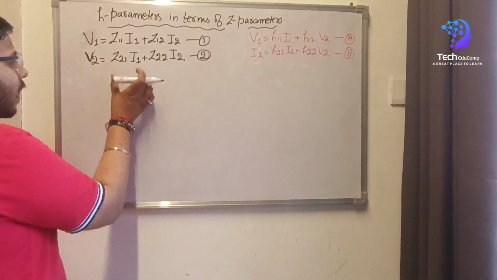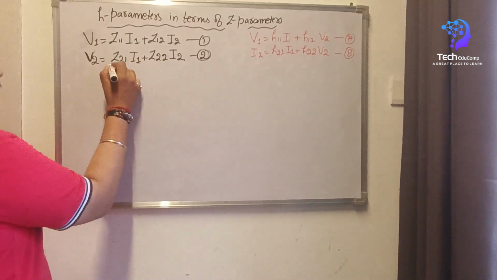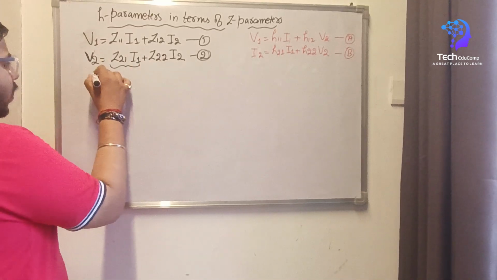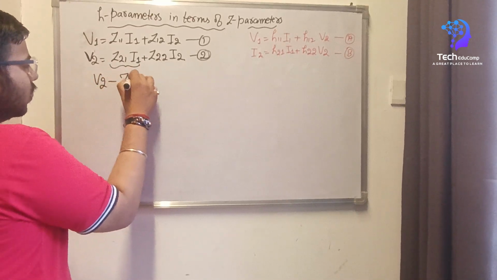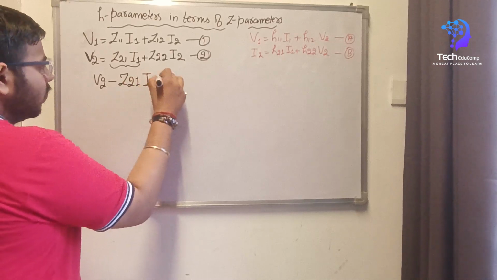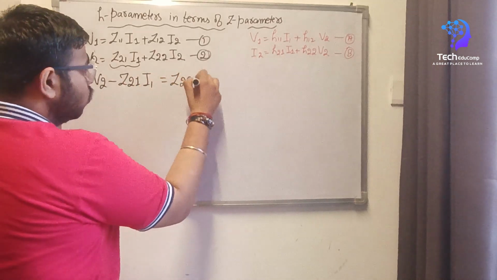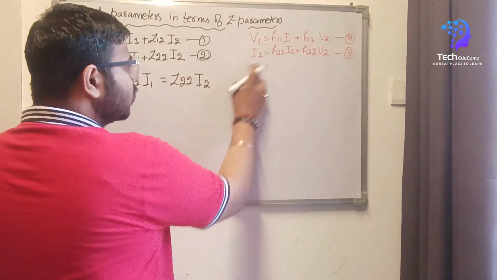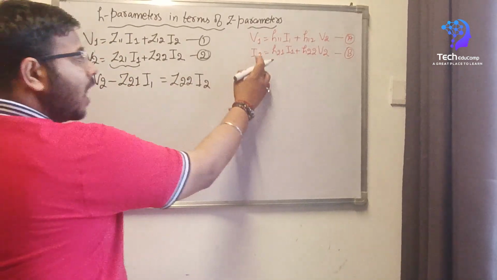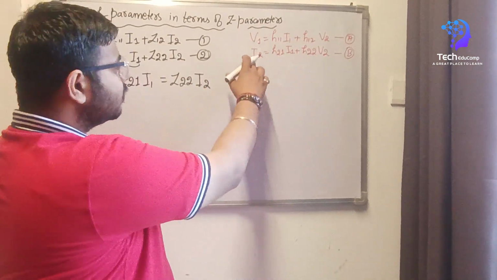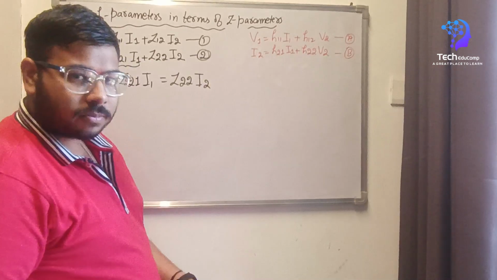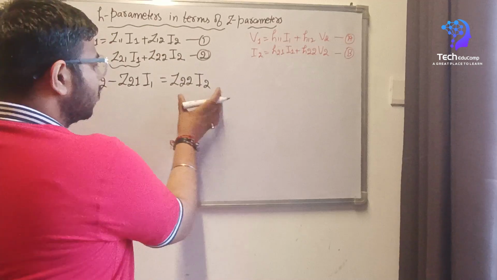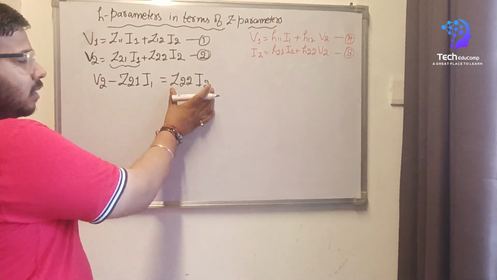So I can take this term to the left hand side, so it will be V2 minus Z21 into I1 equal to Z22 into I2. This is somewhat similar, but here I2 is not multiplied by some other element; it is a single I2, while here it is multiplied by Z22.